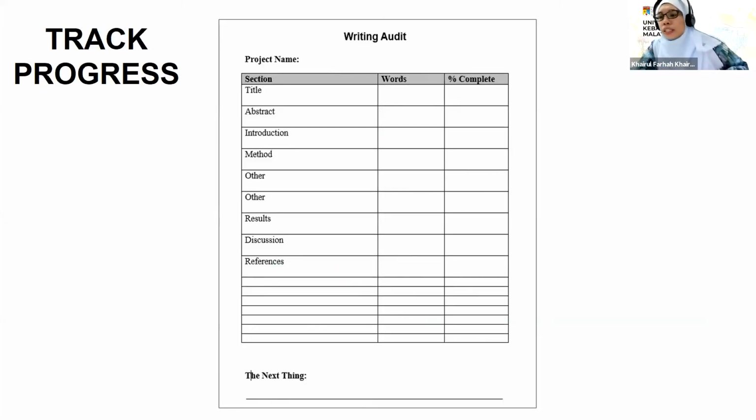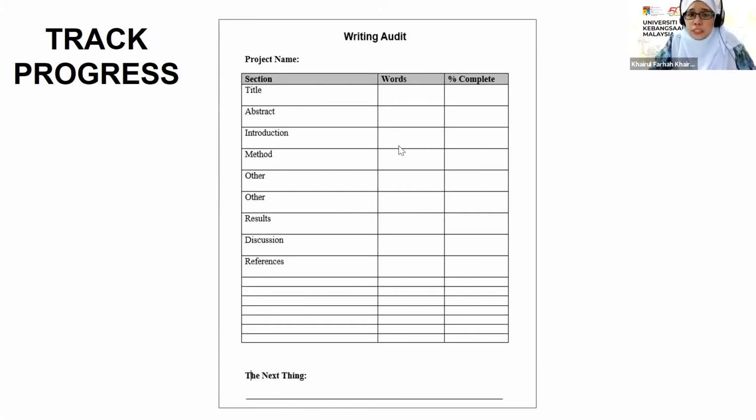Another important thing to share is to track progress. Make sure you know how much you have written, especially for those who are writing long documents, a thesis for example, or even a research project that will take you 15,000 words. You have to be able to identify how many more words you need to write.